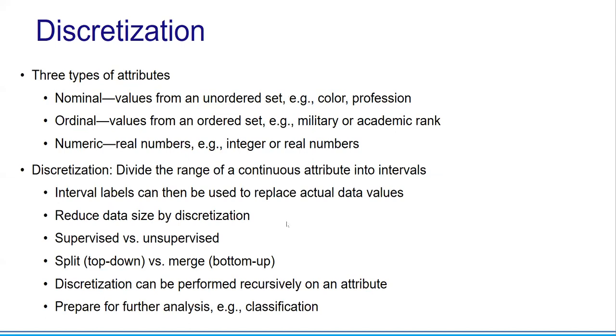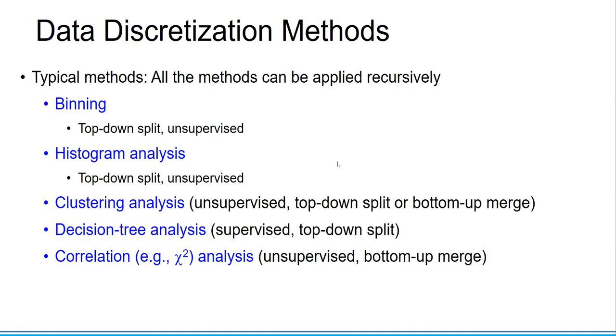Looking at data discretization methods, we have some, for example binning. Binning is a kind of top-down split. You can look at binning from the data distribution in Orange.